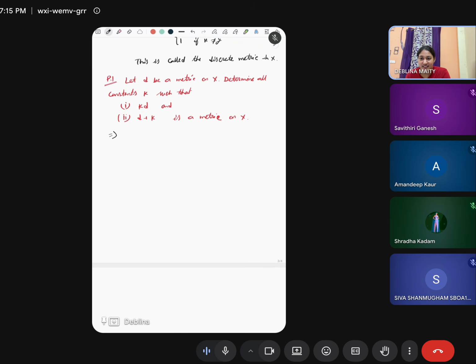So you can answer if you can do this. So are you trying this? So for the first one, when is kd a metric? This means kd has to satisfy all the properties, M1, M2, M3 and M4.